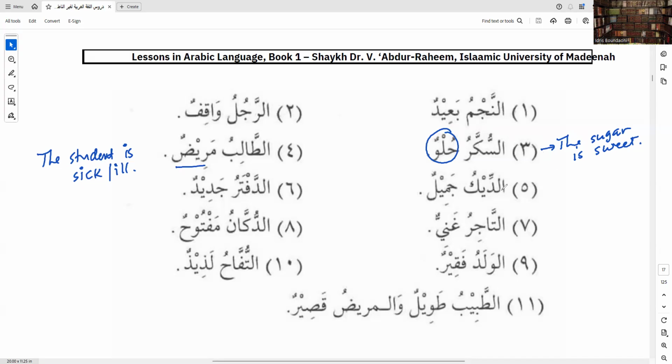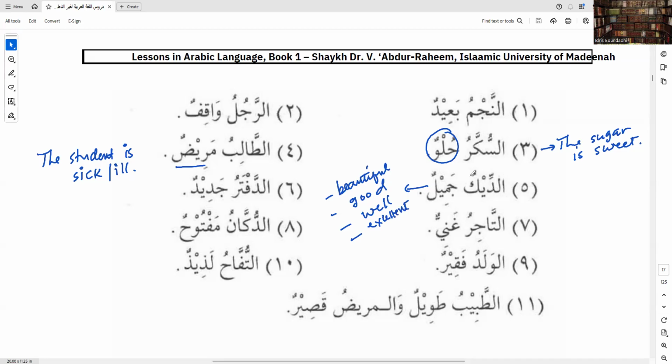Let's look at الخامس, number 5. الديك جميل. Deek is the rooster. جميل, we said, is something that is beautiful. Or it can be something that is good. Or it can be something that is well. Jamilun can also be something that is excellent.